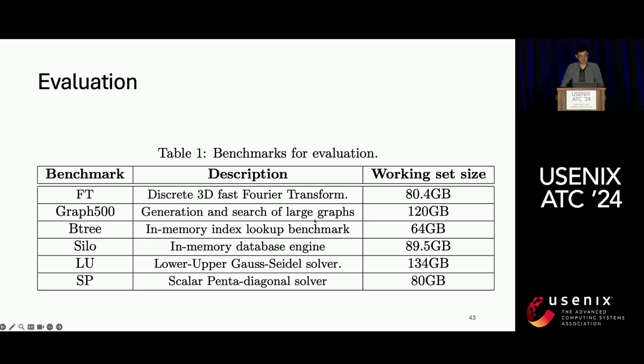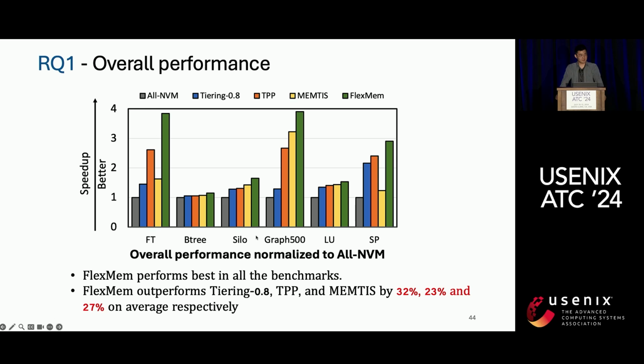Here are the benchmarks we used. We use six real-world applications, and the working set size ranges from 64 gigabytes to 133 gigabytes. These figures show the overall performance normalized to the all-NVM setting. From this figure, we can see FlexMem performs best in all the benchmarks.